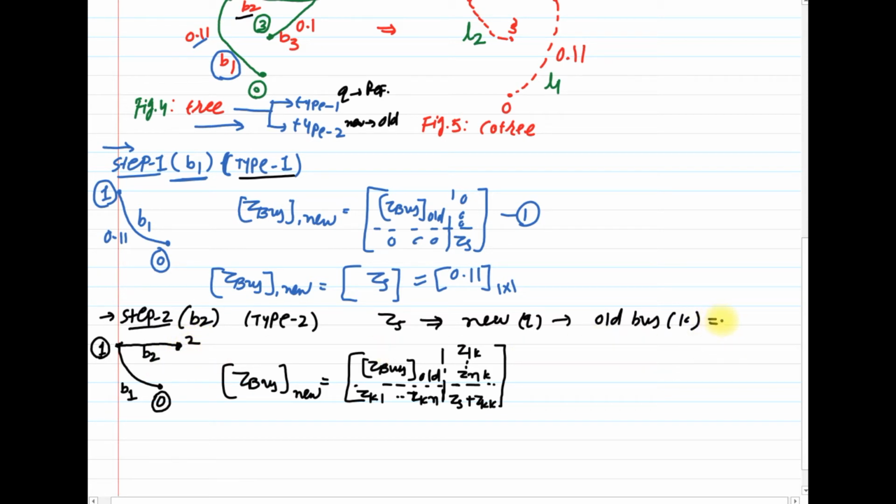So we will consider the value of K is equal to 2. Just substitute the value of K in this equation. Now, here one more question where we need to stop. That means for this count Z1k, 2k up to Znk. So for that we have to consider the value of n as the size of ZBus old matrix. Yes, I will write over here.